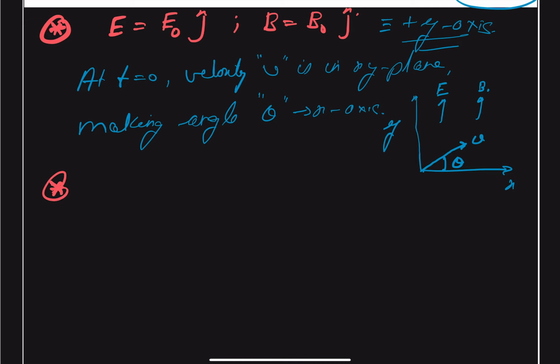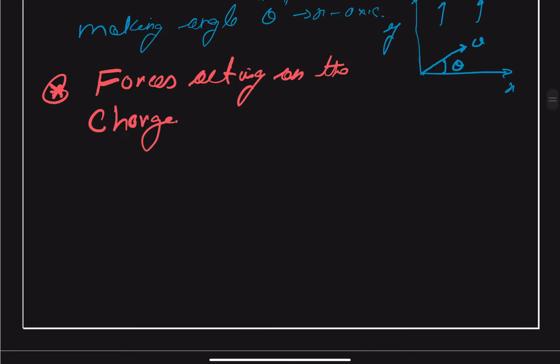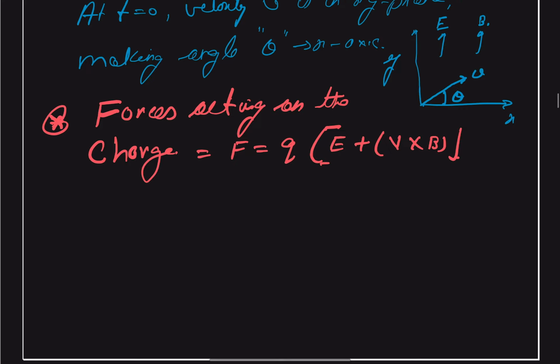So we can say that the force acting on the charge, and that force is our F, will be equal to Q. Q is the positive charge, so that will be E plus v cross B. And this v we can divide into two components.